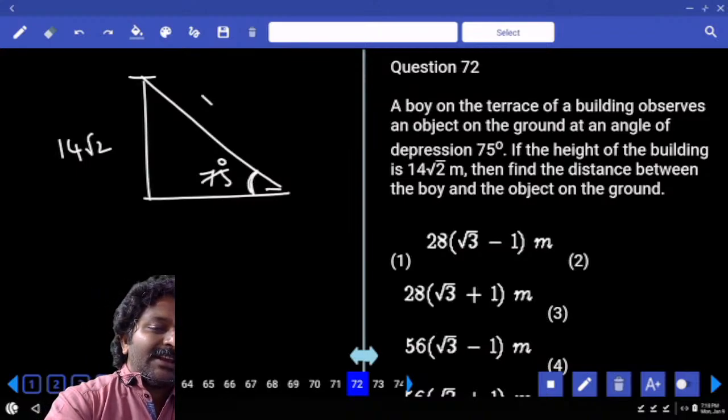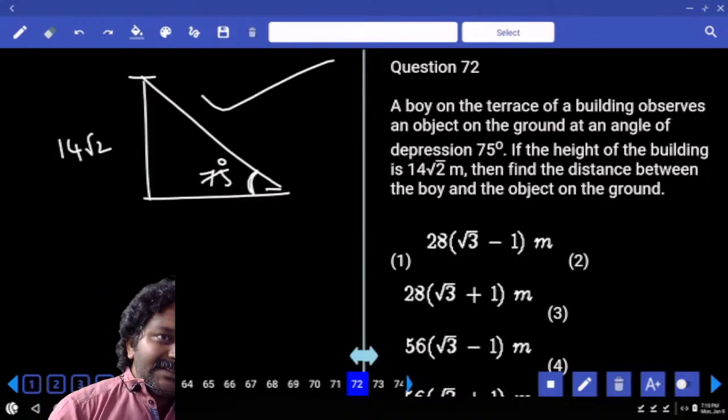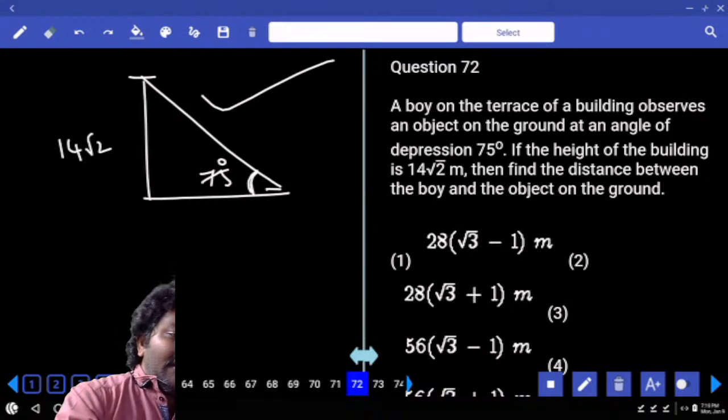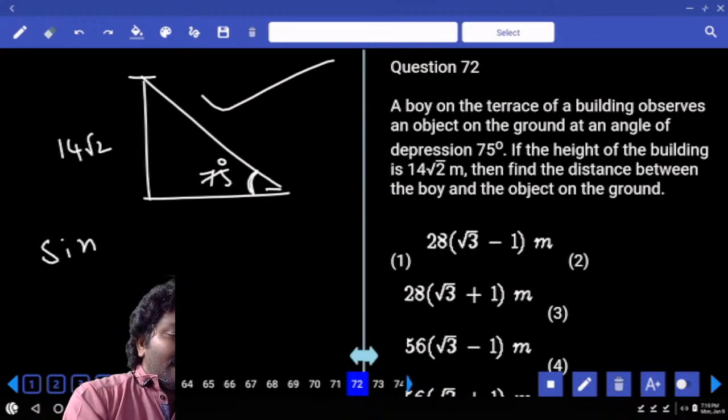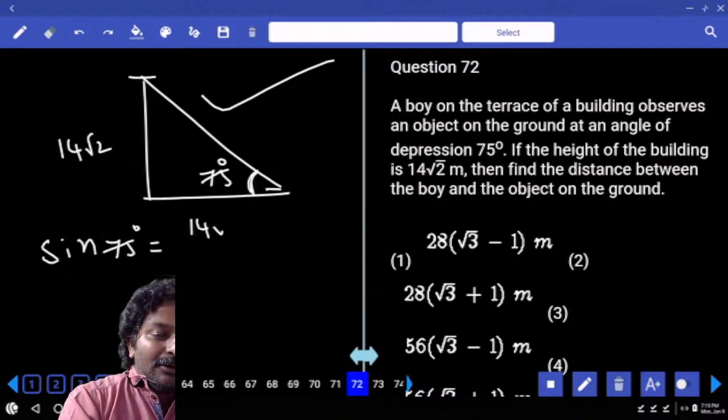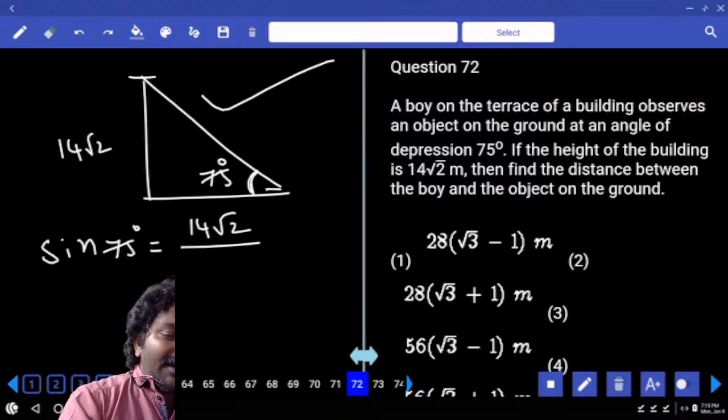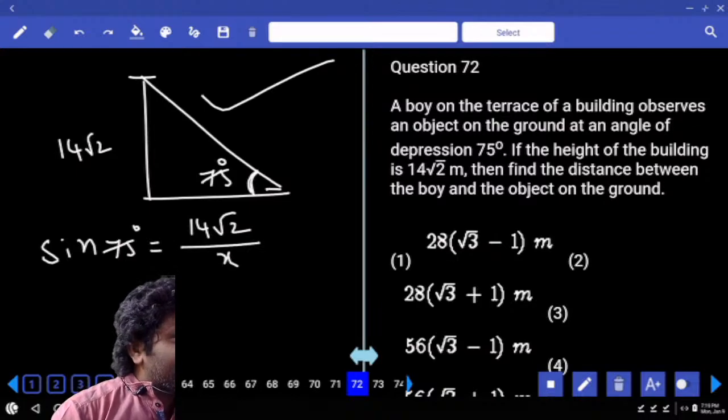We were asked to calculate the hypotenuse. When we have the opposite side, the hypotenuse and the angle 75, which ratio do we use? Sine. Sine 75 is equal to 14 root 2 divided by hypotenuse x.